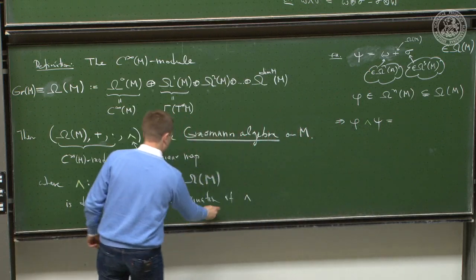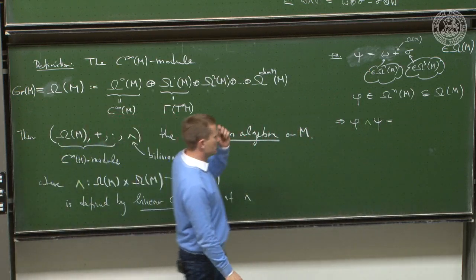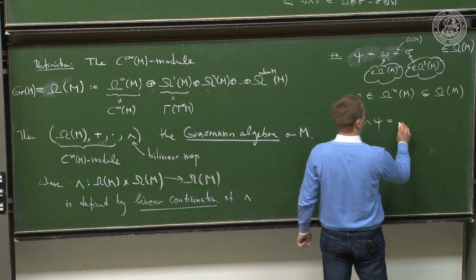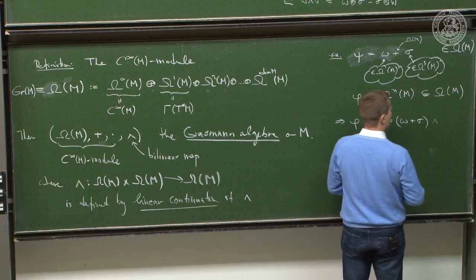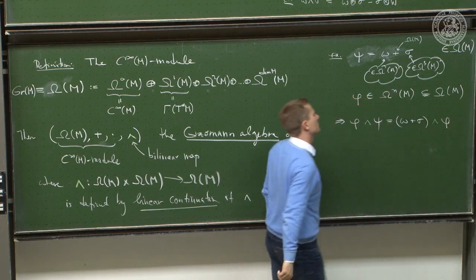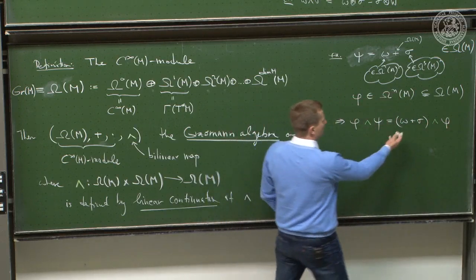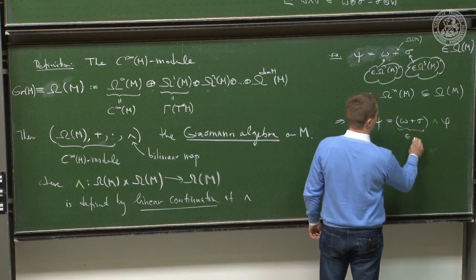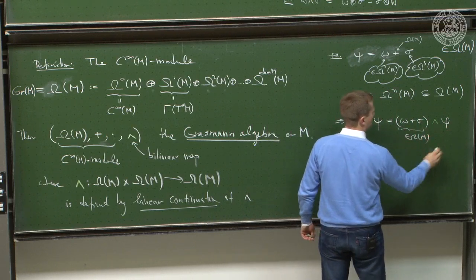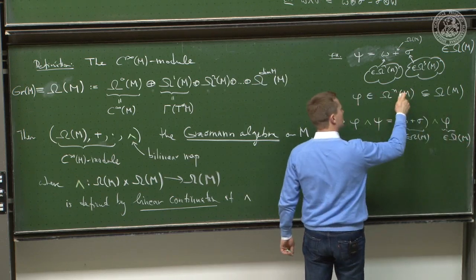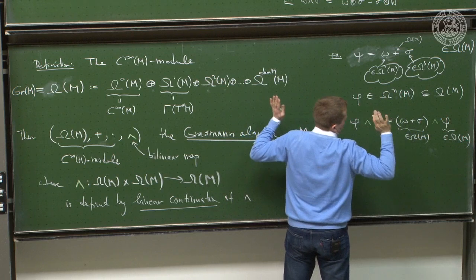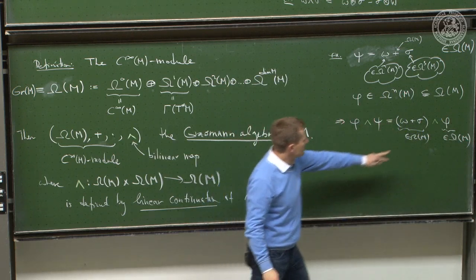And this is where linear continuation comes into play. You write it down: omega plus sigma, the green wedge, and phi. And that's fine, because this is in omega of M, this is in the Grassmann algebra, and this guy also is in the Grassmann algebra, more particularly in this nth subspace. Well, who cares? So this is defined.